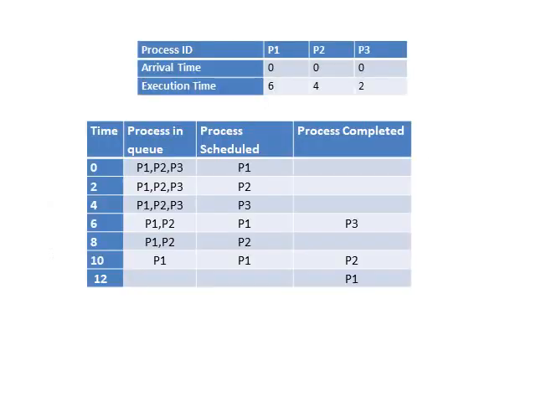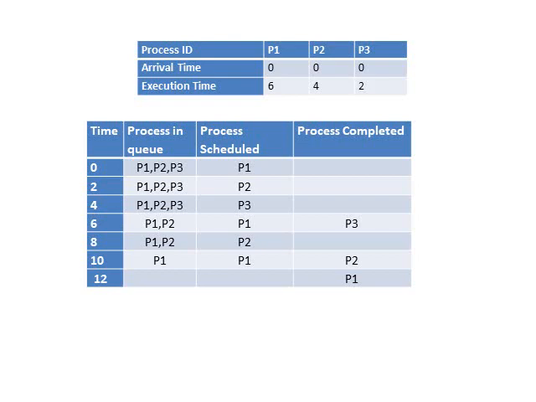So let us begin. As the example, I have just put it in a table. You can see that the process IDs are P1, P2, P3. Arrival time is 0 because they have mentioned that all the processes have arrived together. So at the 0th instance P1, P2, P3 have arrived, in the order of P1, P2, P3. So while doing the RR scheduling, we'll consider P1 first, then P2, then P3.